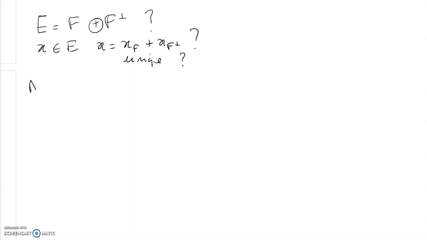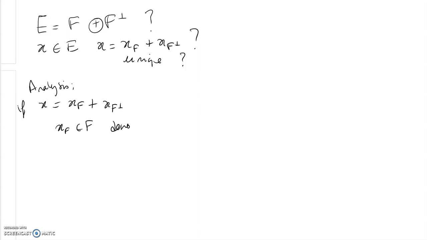Let's do an analysis and then a synthesis. If x is equal to this thing, if we have solved the problem, how can we describe x_F and x_F orthogonal? x_F belongs to F. Let's take some very basic thing, it's not an assumption, we know we can do that.